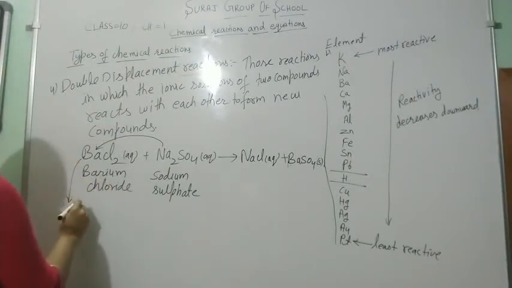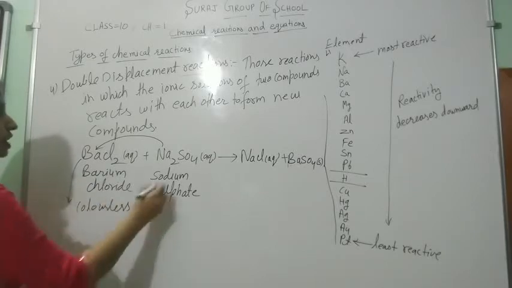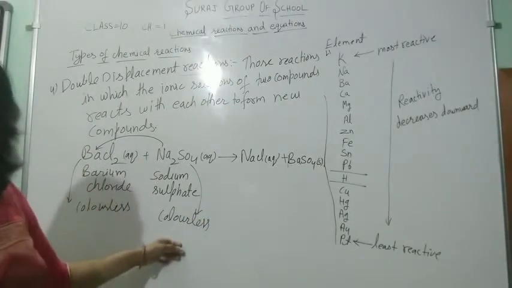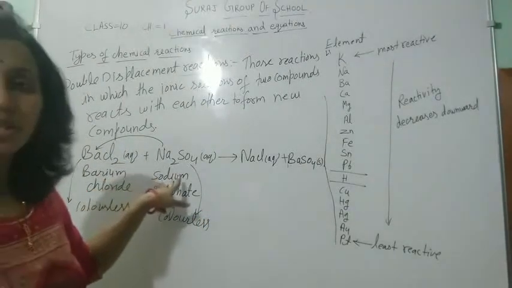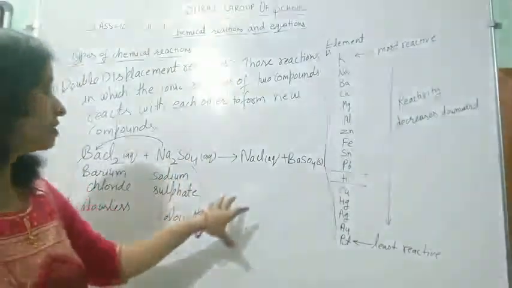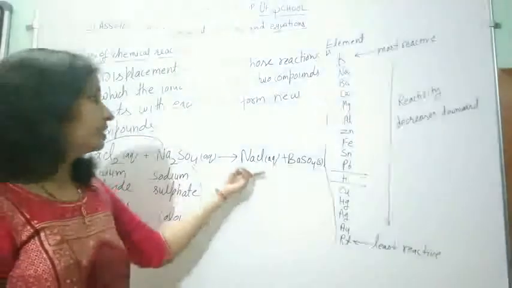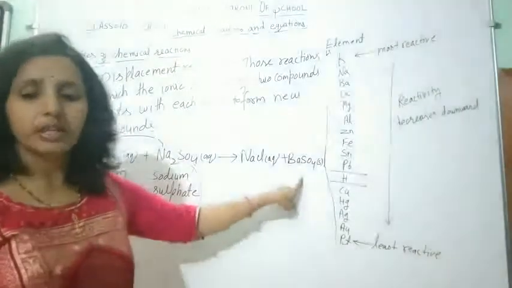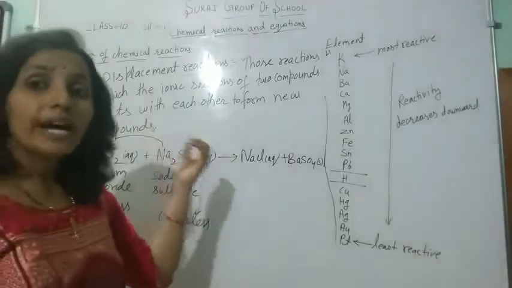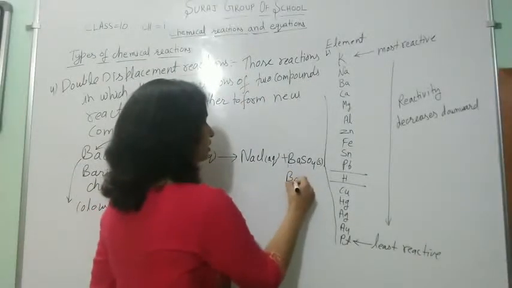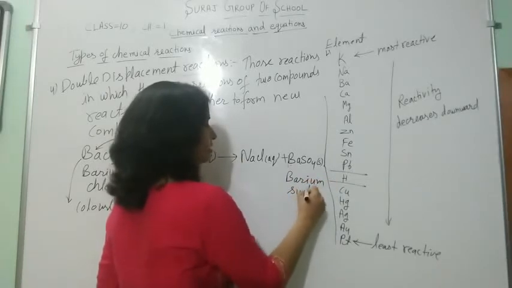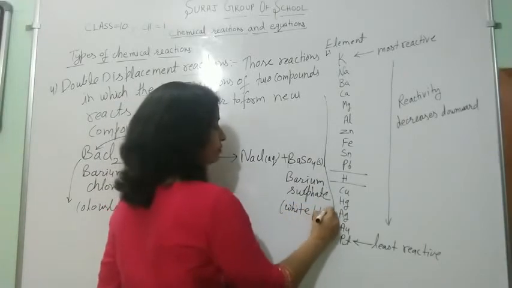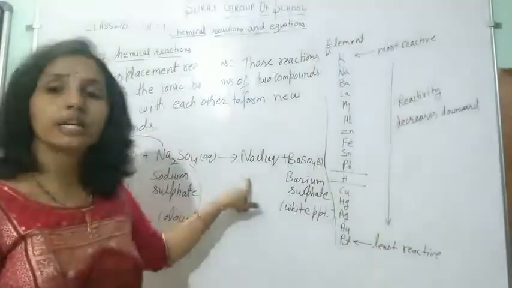Barium chloride is a colorless solution, and sodium sulfate is also a colorless solution, but on mixing these two solutions, the solution which is left is NaCl, and the solid substance which is floating in this NaCl is barium sulfate, a white precipitate.